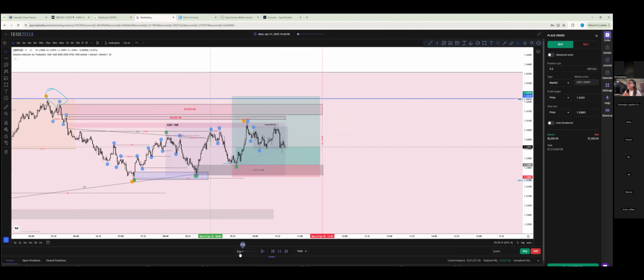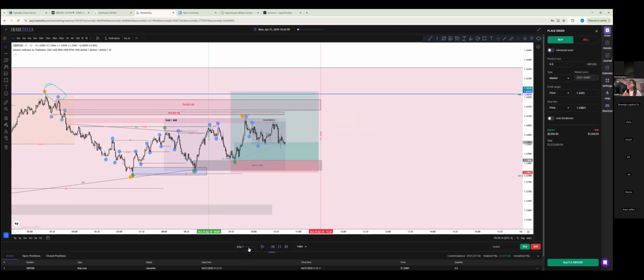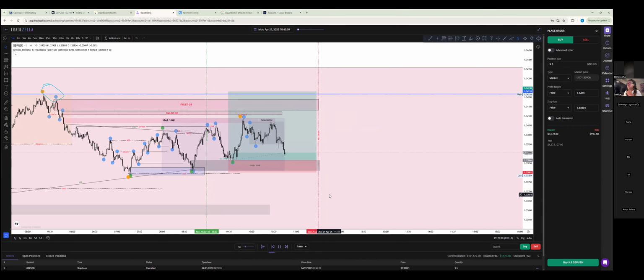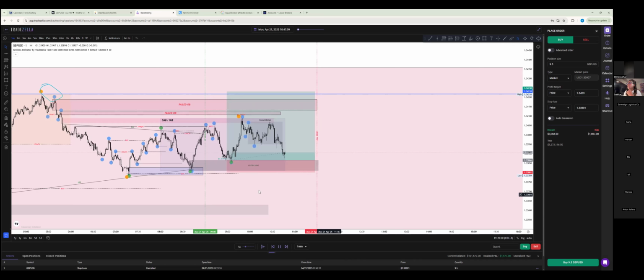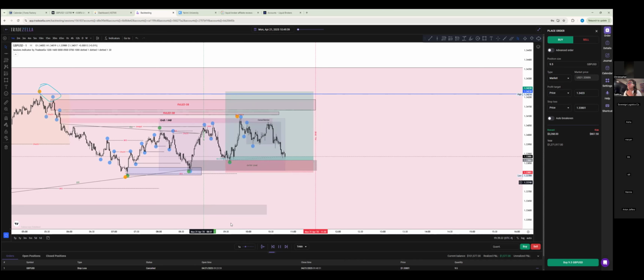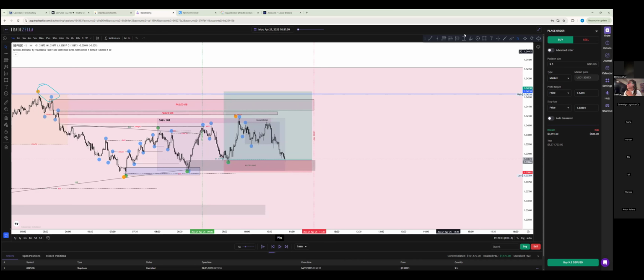Okay, let me move it to 1 just so we can get some more speed. All right, so price is coming down and it's probably going to induce this zone, because right now we currently have a trend line for this zone. I'm going to pause it again. That trend line which we had marked earlier has stretched now. Price has stretched this trend line all the way through here.